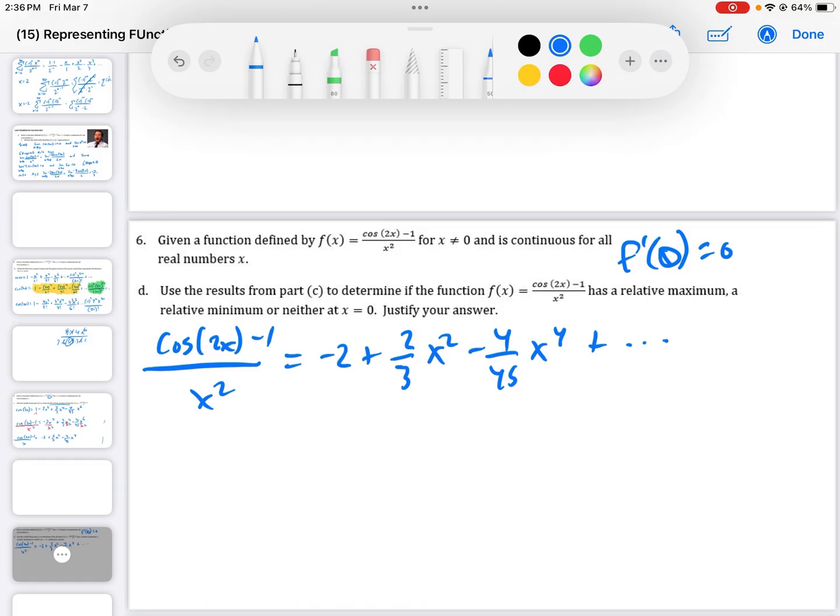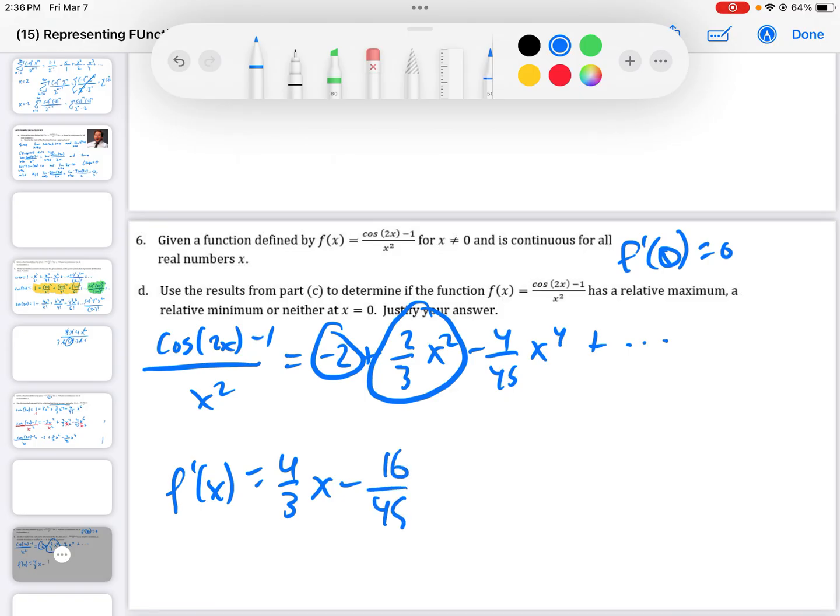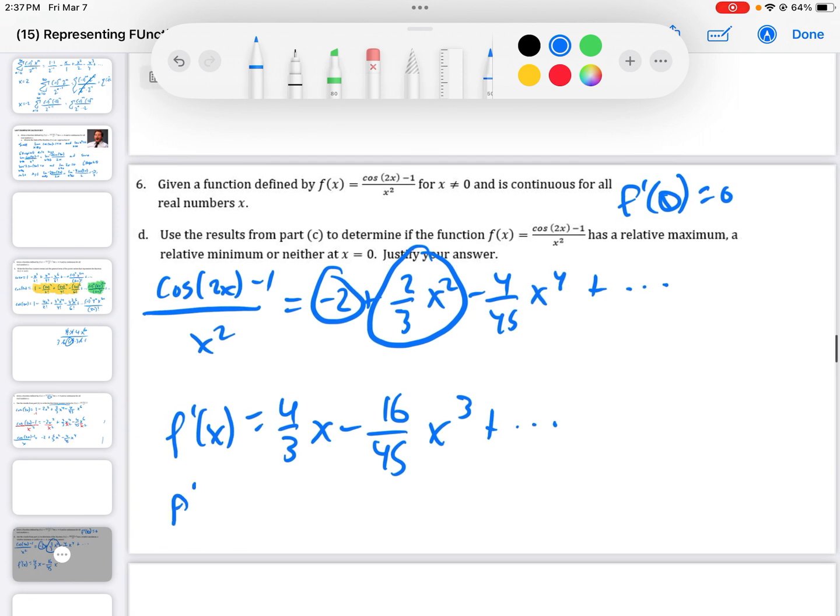So the first part, the derivative: f prime of x is equal to the derivative of this, which is 0, power rule there. So 4/3 x minus 16/45 x to the third power plus dot, dot, dot.